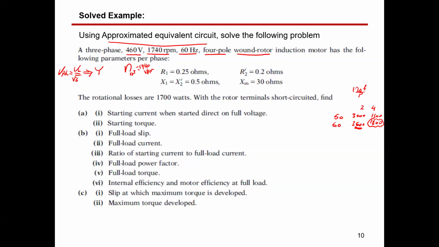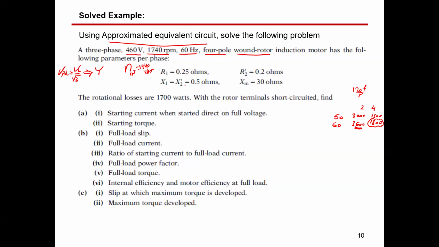Every parameter is going to be given already referred to the stator side, and we don't use any calculations referred to the rotor side. So everything is referred to the stator side. This is common for all electrical machine books you can find in the market. So R2 prime is the rotor resistance referred to the stator side.